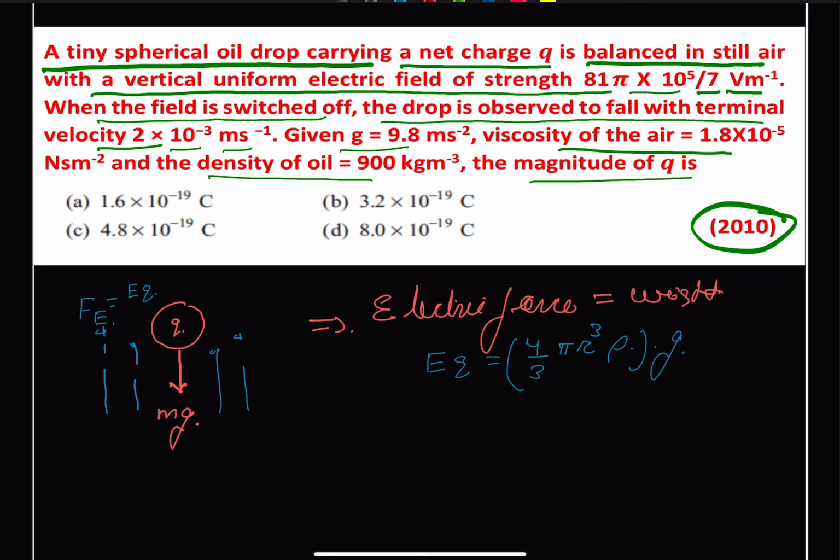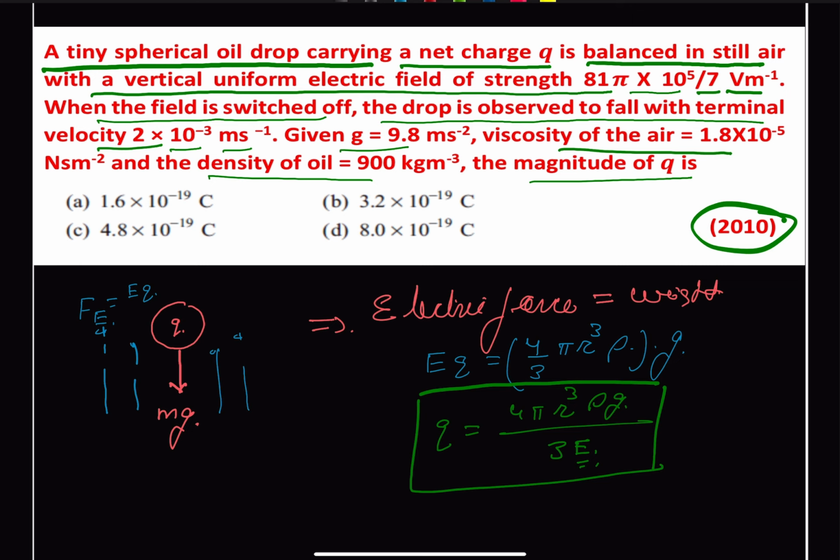So from here we can write that our charge Q is equal to 4 pi r cube rho g divided by 3 times our electric field.